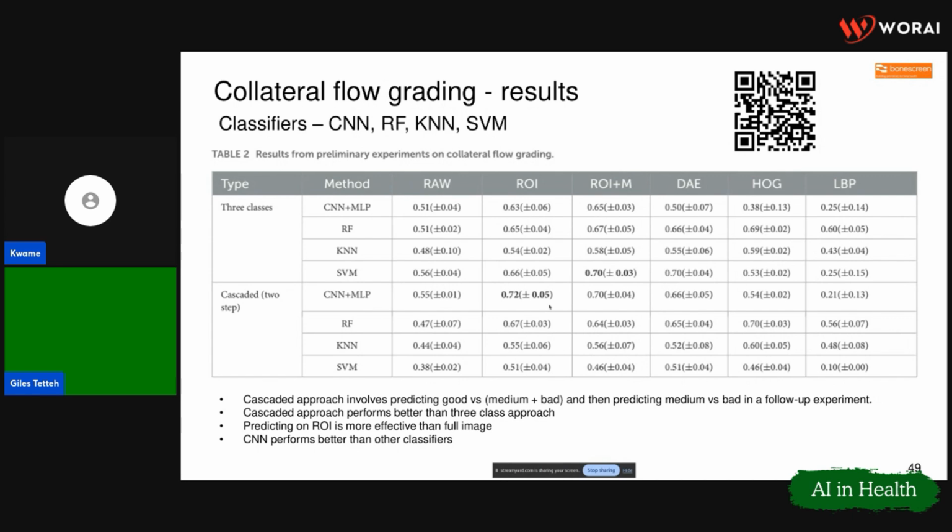So what it means is that even the data itself, because we have 16% inter-observer agreement, we cannot be very sure of the data we are using to train, because whoever labeled it might also get it wrong.